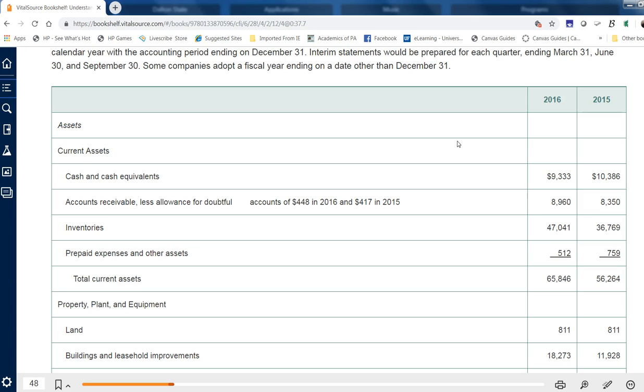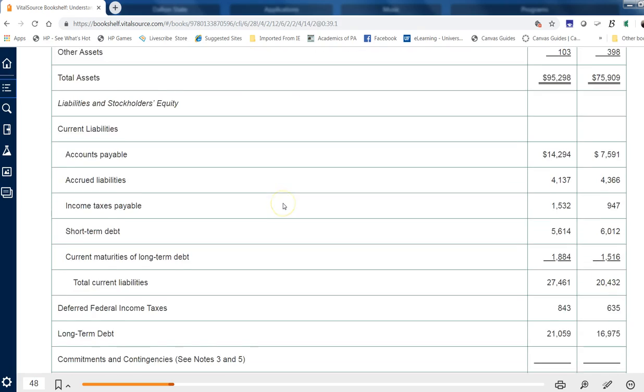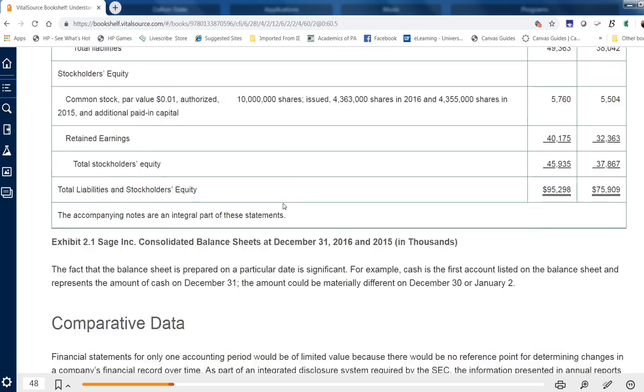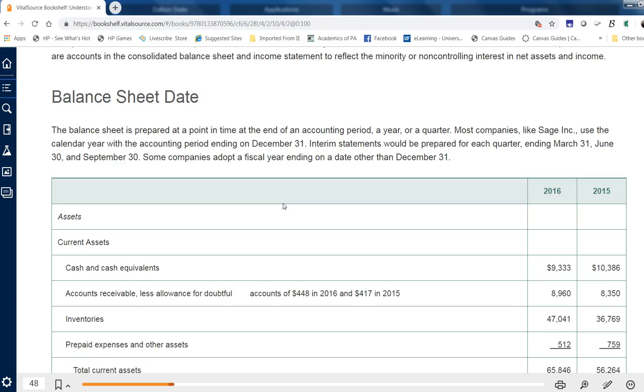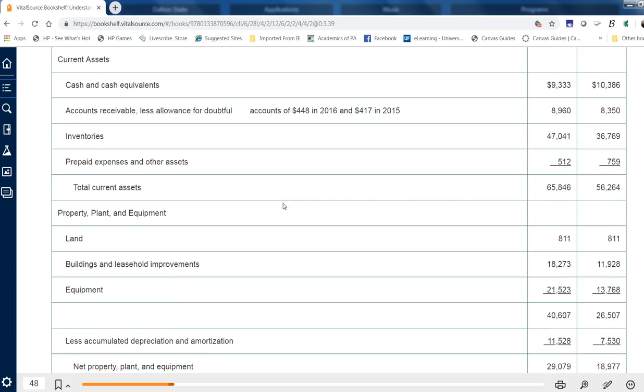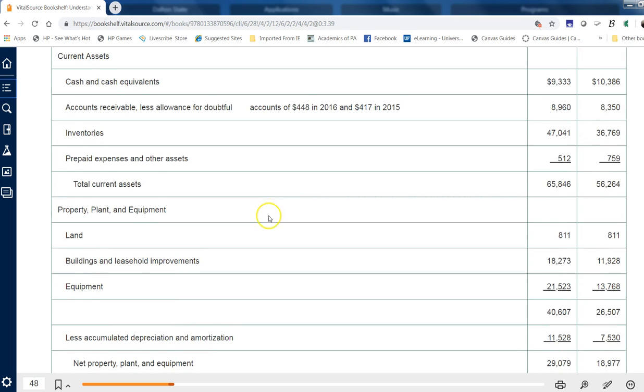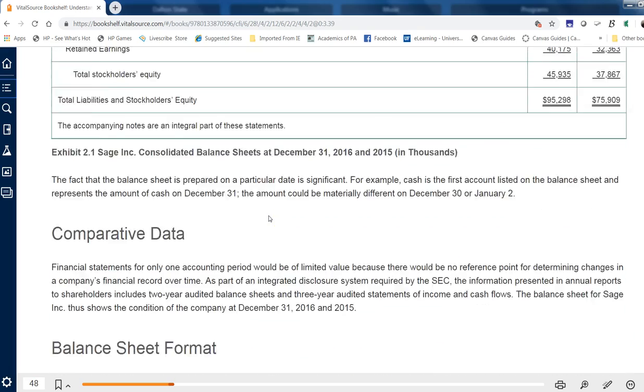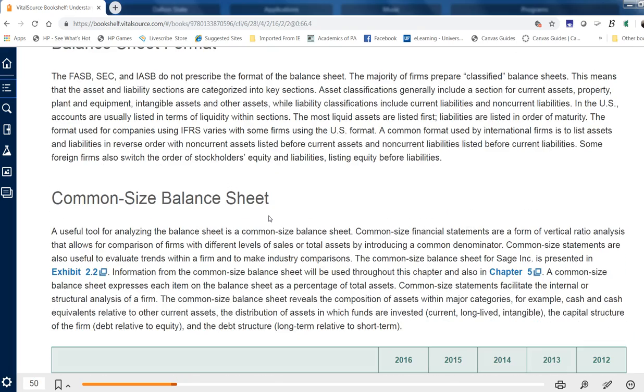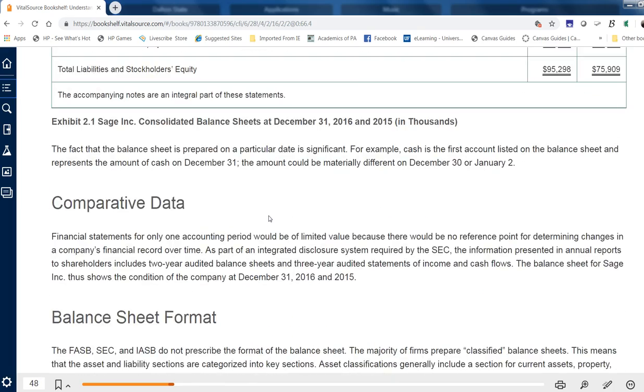So the balance sheet is at a point in time, and the income statement is for a period of time. So that's important to keep in mind. Your goal should be that you're comfortable reading this and understanding this. The other thing that you need to be comfortable with, and I don't think we can do that here, is to be able to go back and look at the notes.